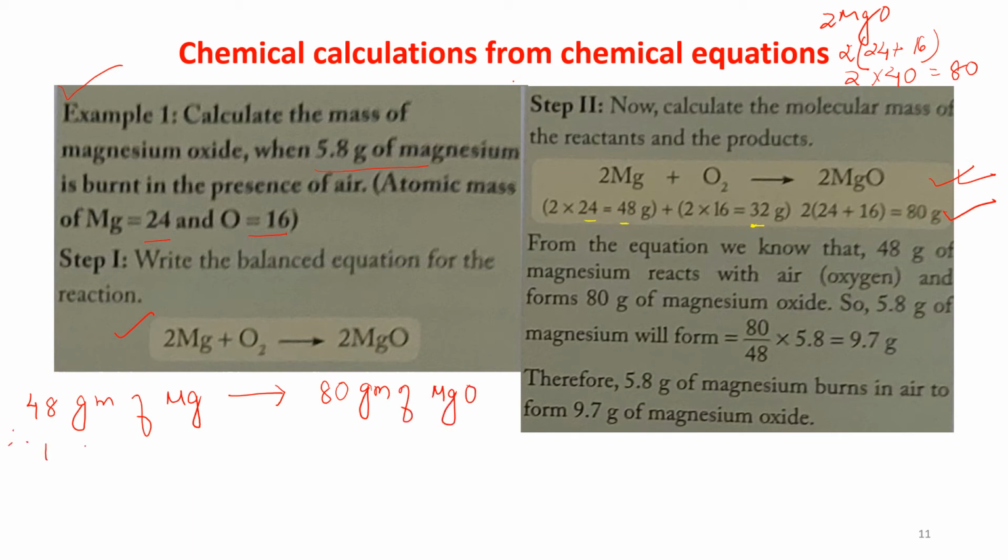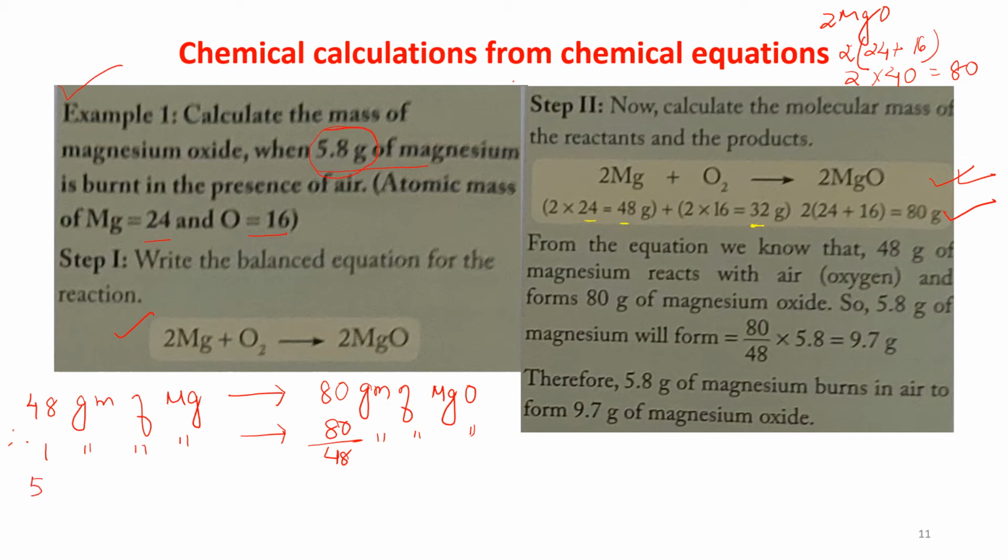Therefore, 1 gram of magnesium is giving 80 by 48 gram of magnesium oxide. In my question, 5.8 gram of magnesium is given.